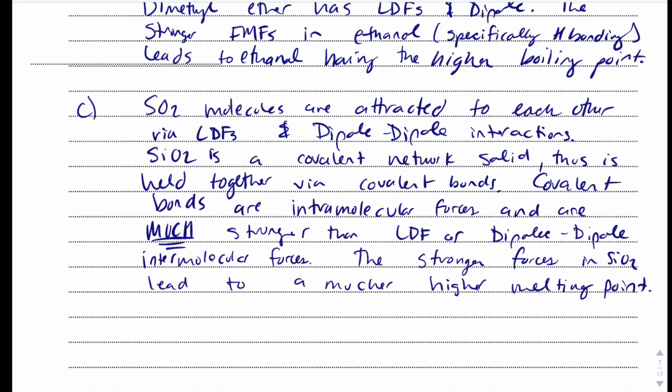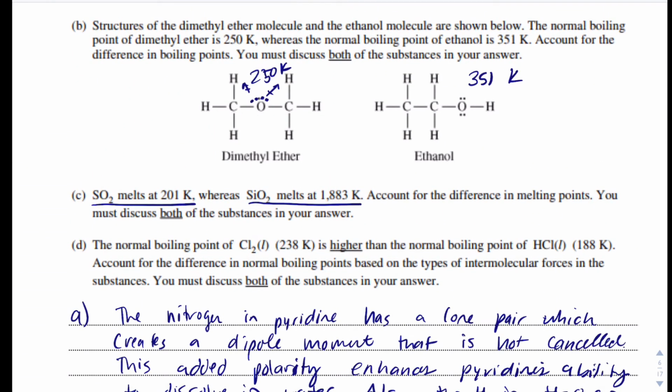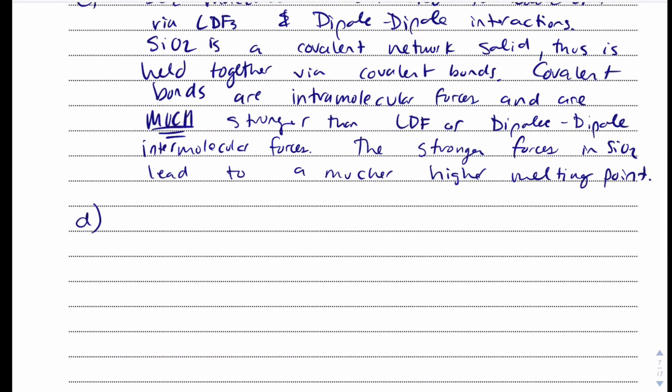Okay. Don't love that question just because it's less relevant since AP's updated their curriculum. So in D it says the normal boiling point of Cl2 liquid is 238 Kelvin and it's higher than the normal boiling point of HCl, 188 Kelvin. So account for the difference based on the types of intermolecular forces in both substances, and we need to discuss both. So HCl has LDFs and dipole-dipole, and Cl2 has only dipole-dipole.